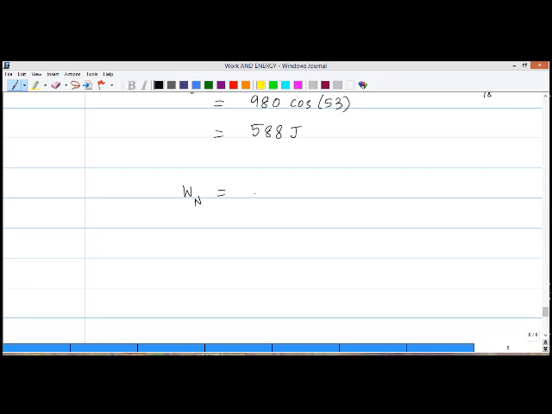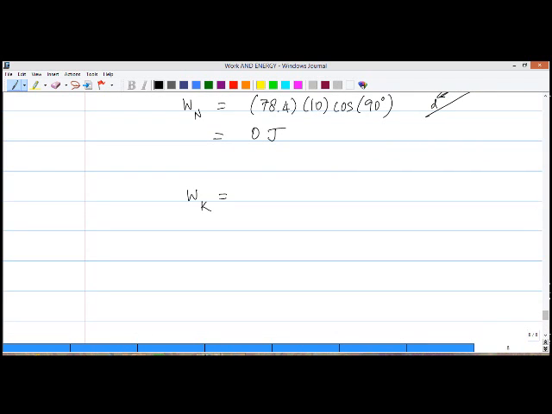Let us find the work done by the contact force. Now that happens to be easy. It is 78.4 times 10 times cosine of 90 degrees, and that is simply because if you look at the free body diagram, contact force and displacement are perpendicular to each other in this situation. That gives us 0 joules as expected.